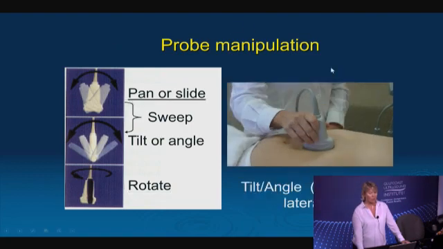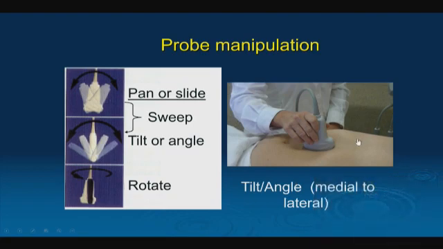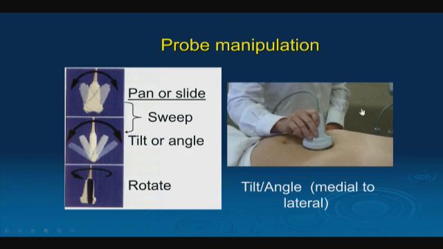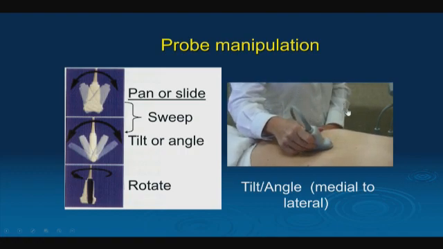Now that was longitudinal. So now let's say I want to scan through that structure. I'm going to send the sound beam medial or lateral. So there's two ways, as I mentioned, of accomplishing that. I can angle the sound beam medial and lateral, or I can slide.